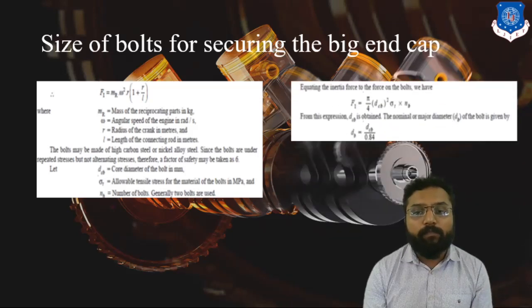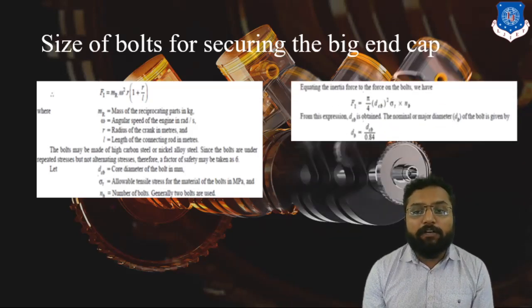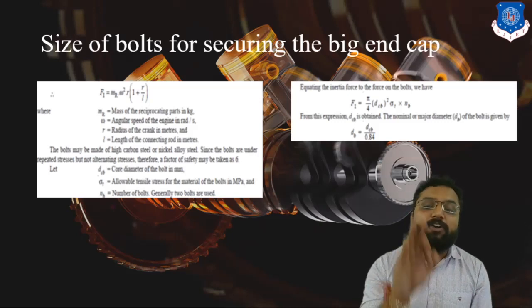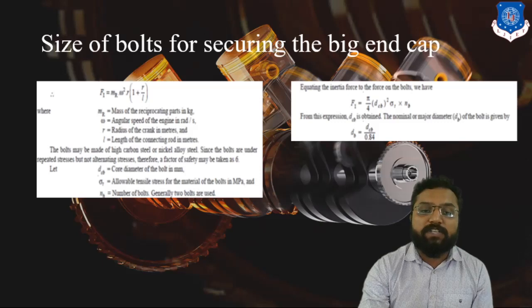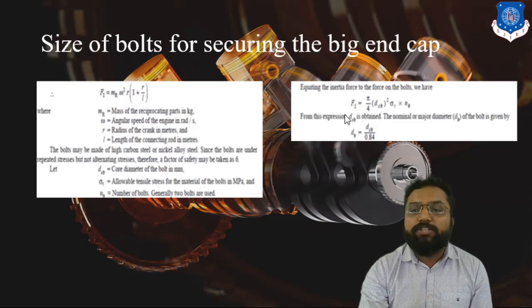Clear? After that, we are going to find equations for our connecting rod cross section area. So this force which is generated due to our reciprocating component will directly try to shear out our component, or you can say the bolts.